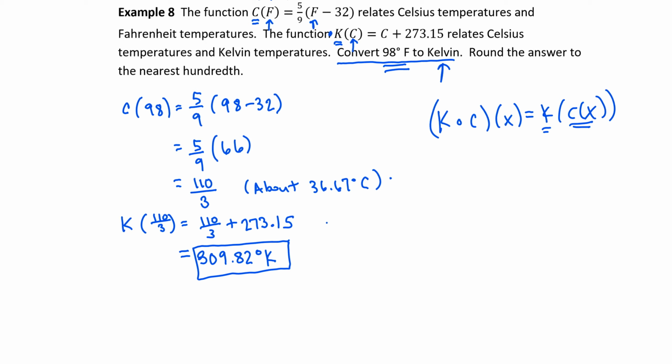Then we plugged it into this function second, and we were able to obtain 309.82 degrees. So the application of compositions comes when we're evaluating 2 successive functions. We plug a number into the first function and get an output, and then we take that output and turn around and immediately plug it into a second function to get the final output. All right, that completes section 3.2.